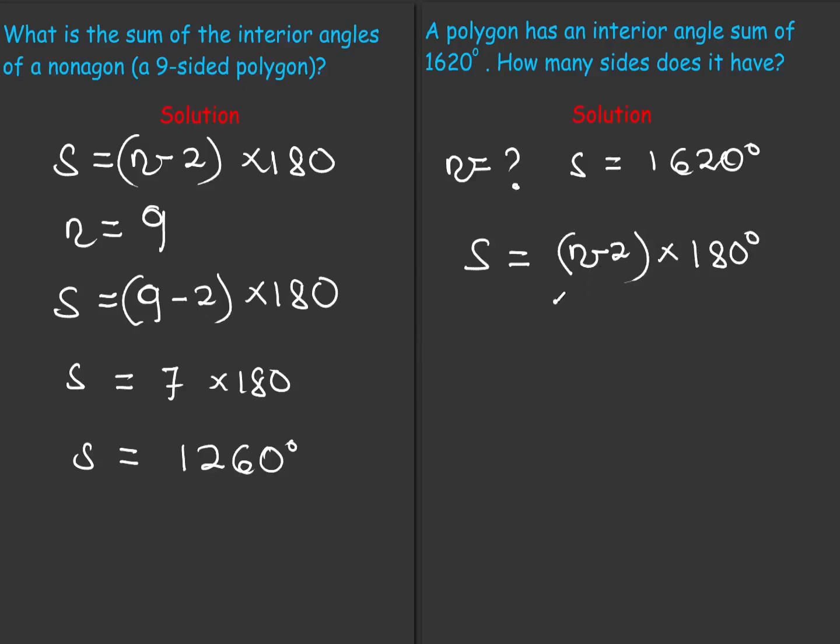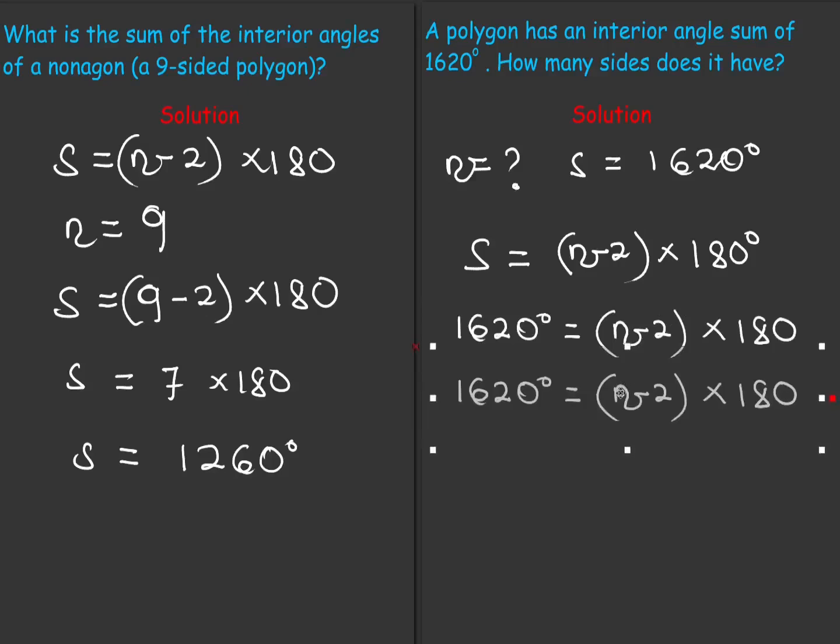So let's do our necessary substitution. S, which is the sum of interior angles, gives us 1620 degrees. We are saying it's equal to n minus 2, then times 180. This is where you apply a little algebra, specifically change of subject. So all we need to do is just divide both sides by 180.